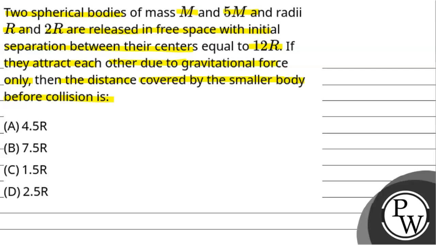So according to the question, two spherical bodies are given, with masses m and 5m, and radii r and 2r. Both are released in free space with initial separation between the centers of 12r. That is, the distance between them is 12r, and between them there is only an internal attractive force, which is basically the gravitational force. That means there is no external force exerting on the spheres.